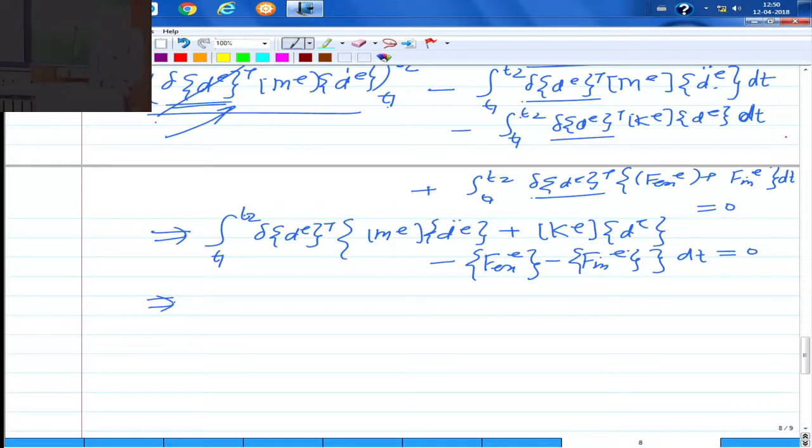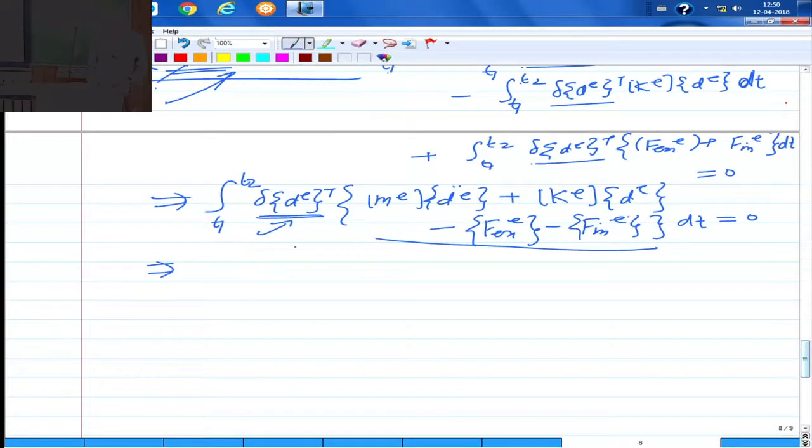Now what we want is, for any arbitrary delta d, this integral must be 0. If this has to be 0 for any arbitrary delta d vector, then the integrand has to be 0, and the integrand would be 0 for arbitrary delta d if this expression is equal to a null vector.